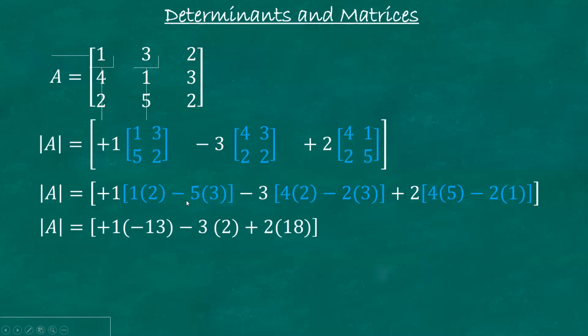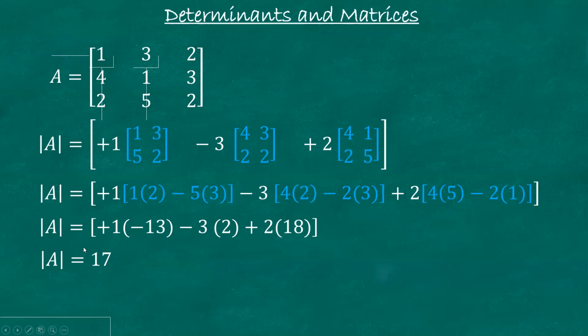Ano siya? 2 minus 15, negative 13, 8 minus 6, you have 2, 20 minus 2, 18. And then simplify, 70. Diba? Mao na determinant ganina. So, mao ni ang second option kung unsaon pagkuha sa determinant. Okay.